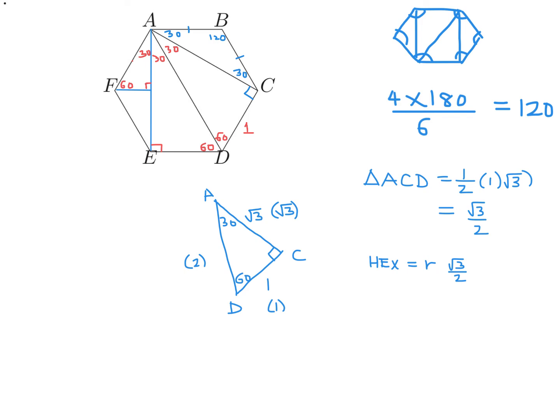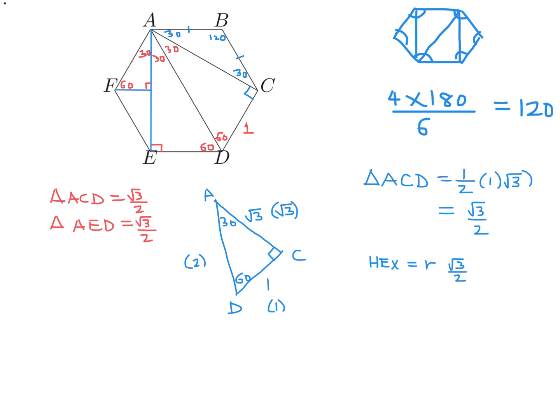Okay, so that is what we have to work with now. Well, this triangle right here, let's just do it on the side here. ACD, we just figured out was root 3 over 2 in terms of its area. By symmetry, that is also going to be exactly the same because it has the same dimensions. So that triangle is AED, and that's also root 3 over 2.